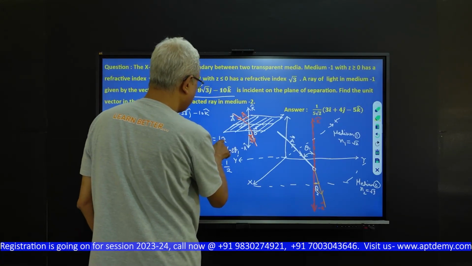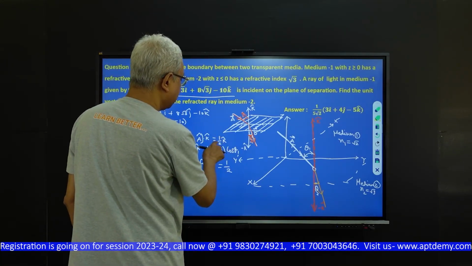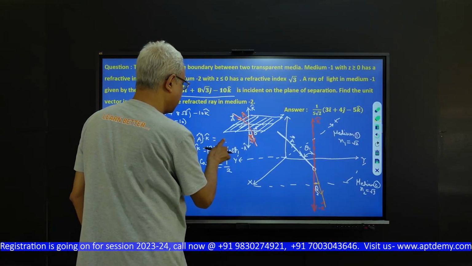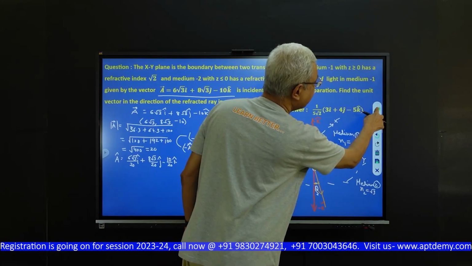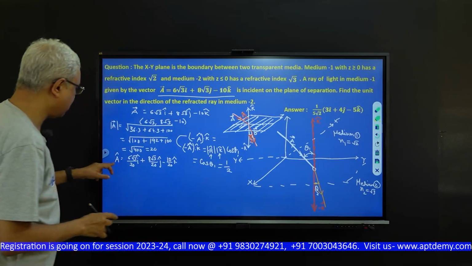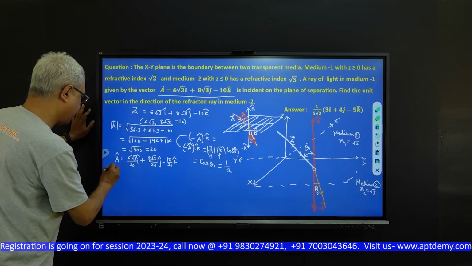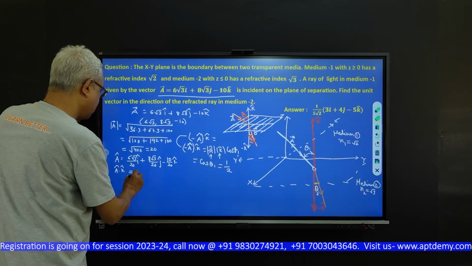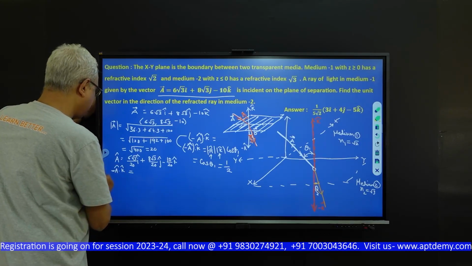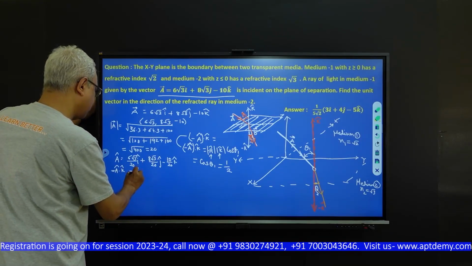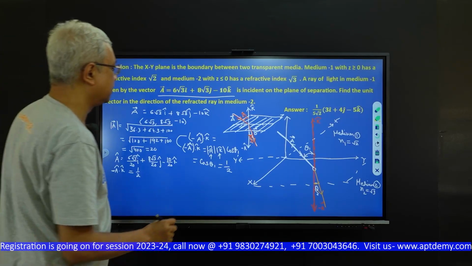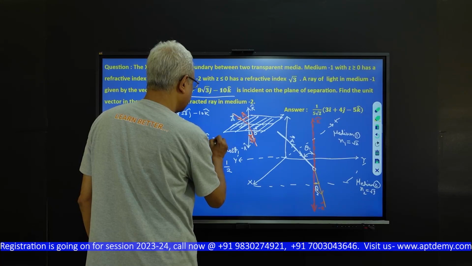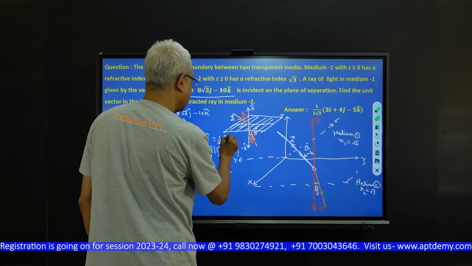So minus A cap dot k cap is equal to half, which is half k cap dot k cap.